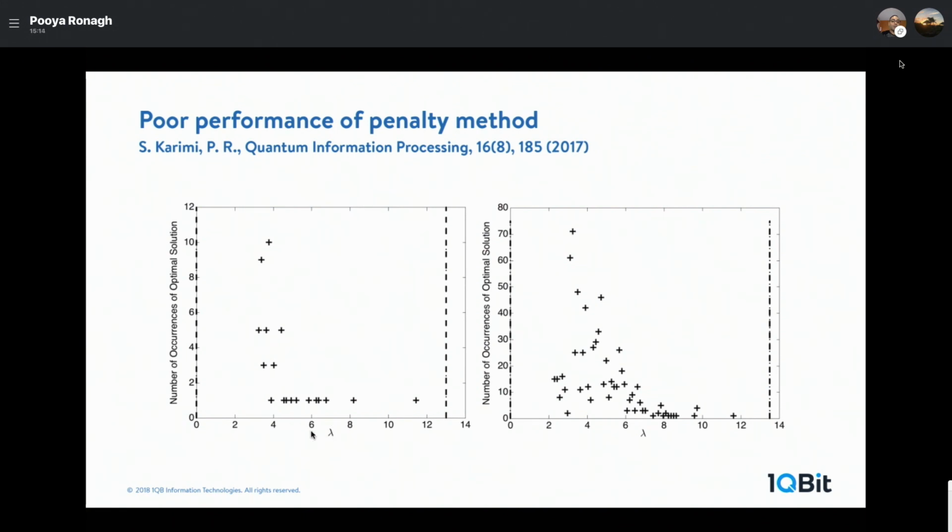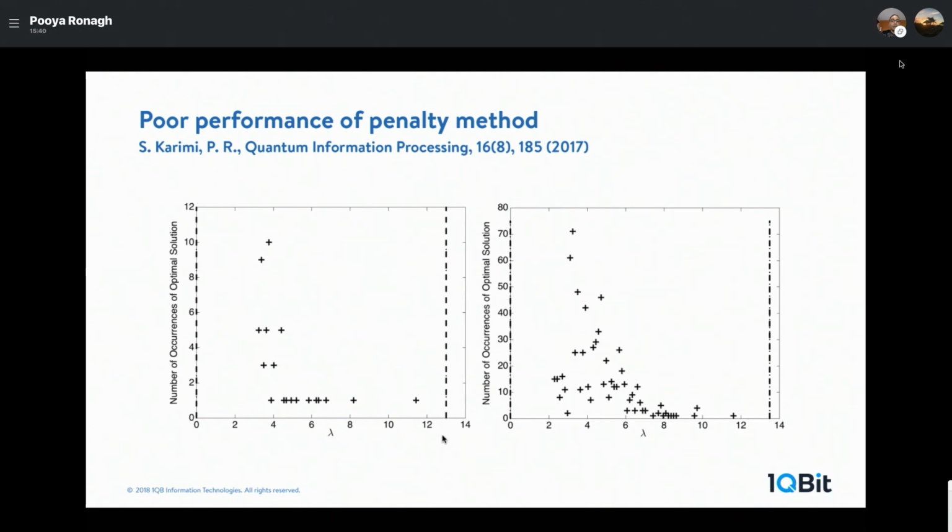But there are many choices of the dual variable for which we see the solution with a high success probability. And the reason for that is that for specific instances, the places at which the optimal primal-dual pairs appear are much lower than when you use the theoretical penalty coefficient.